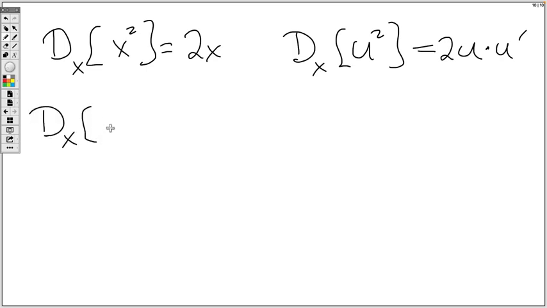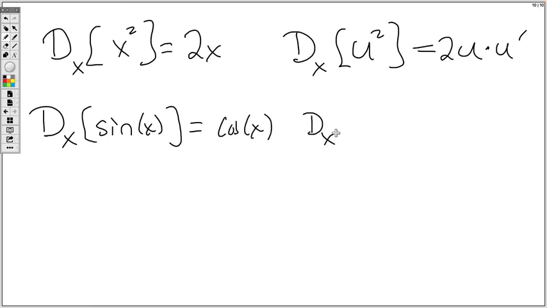If we want to take the derivative of sine of x, from last week we know that's what? Cosine of x. But if we want to take the derivative of sine of something, it's what? Cosine of that thing times the derivative, right?